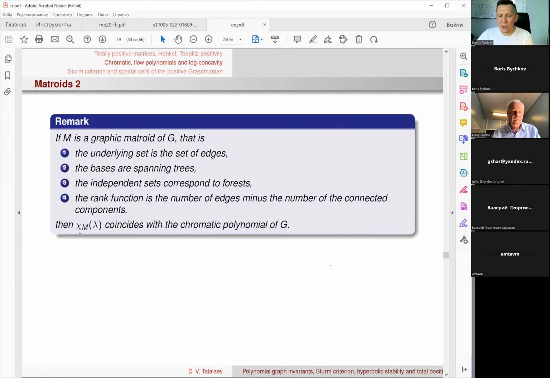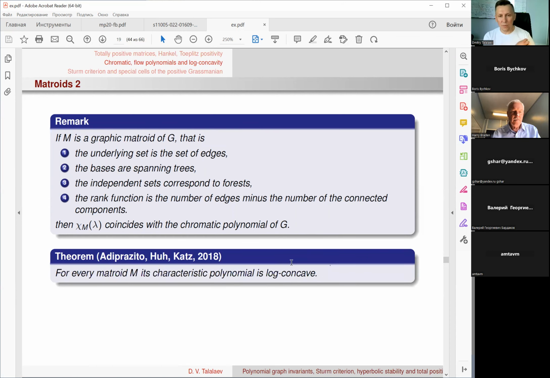In this identification, the characteristic function of the matroid is just the chromatic polynomial of G. But the statement of Huh with his co-authors is that the characteristic polynomial of every matroid is log concave.